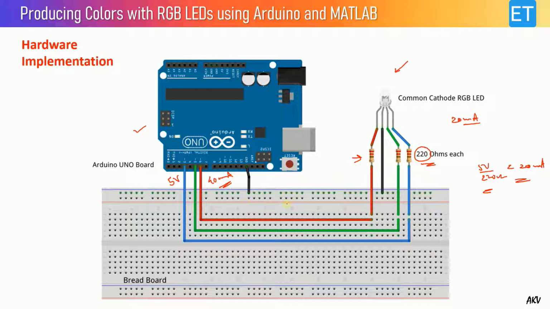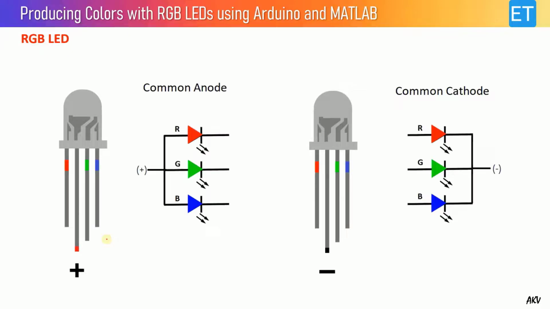Anyone can easily connect this circuit on a breadboard. And now let us see the RGB LED. So we have two different types of LED. One is the common anode and the other is known as the common cathode. In this circuit I have used the common cathode, where there is one common terminal which is made by connecting all the N sides of these LEDs.